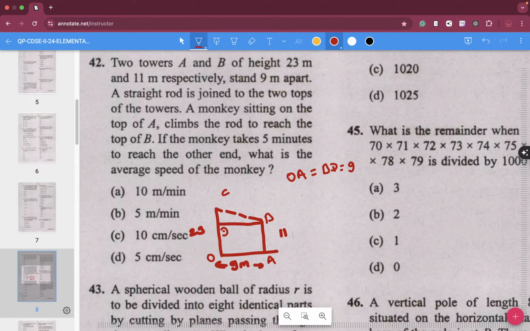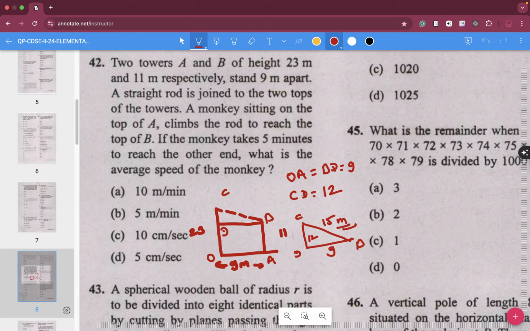CD can also be said to be 12. So if we redraw this triangle, which is C, D and B, this is your 9, this is your 12, so automatically this is your 15. So CB is 15.